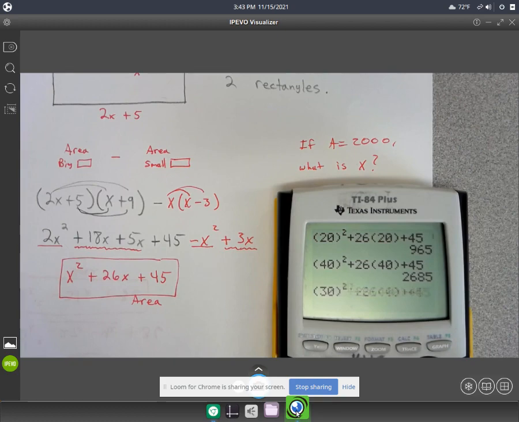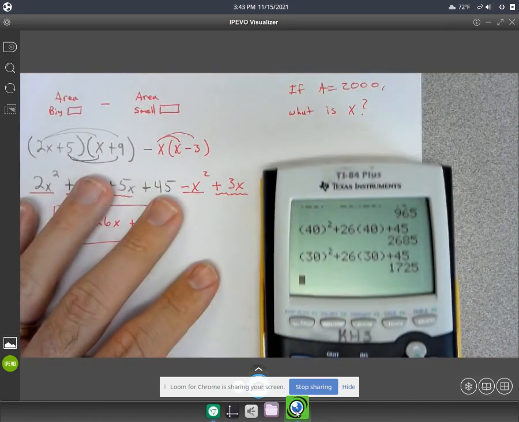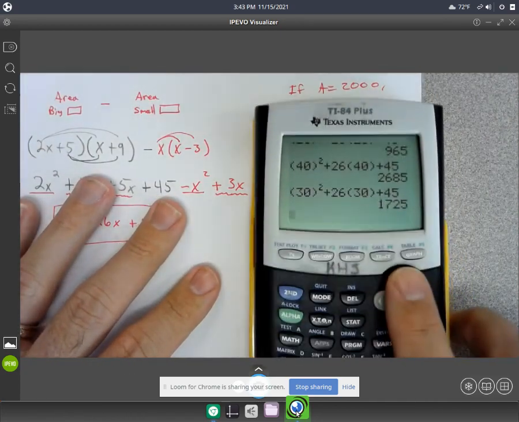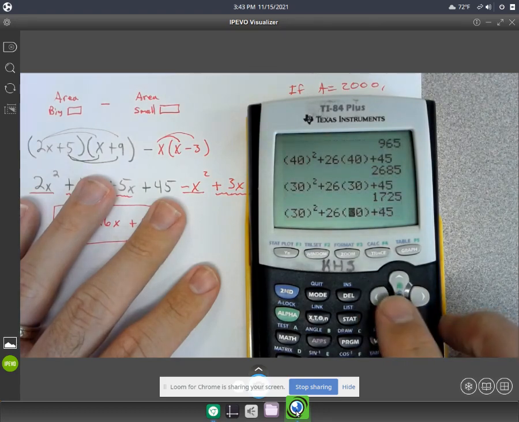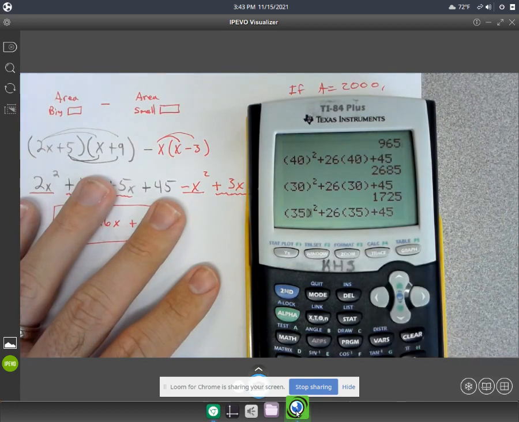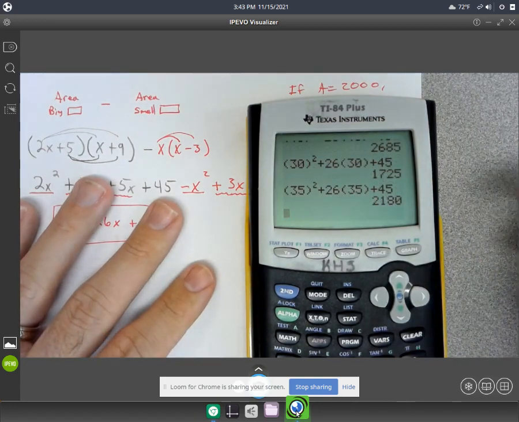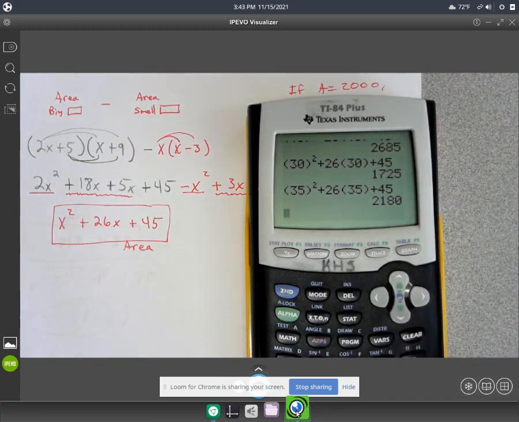So maybe I'll try 30. 1725. Maybe I'll do 35 this time. I've got to go bigger now. 2180. So my answer is definitely between 30 and 35, it looks like.